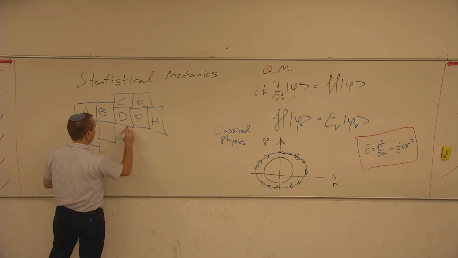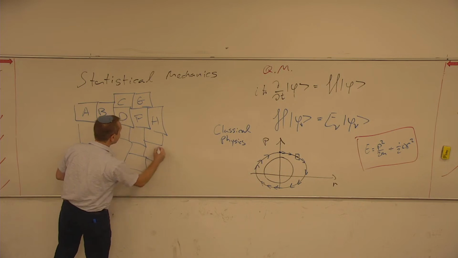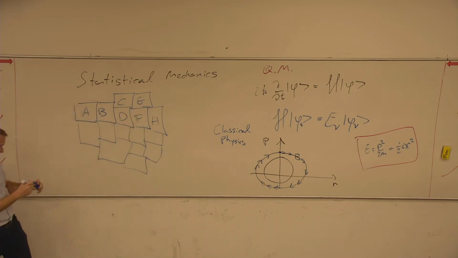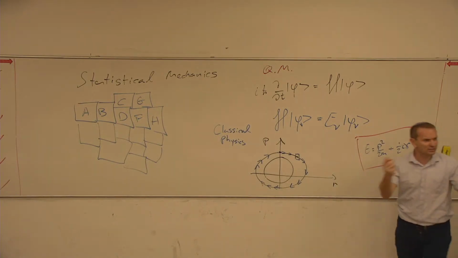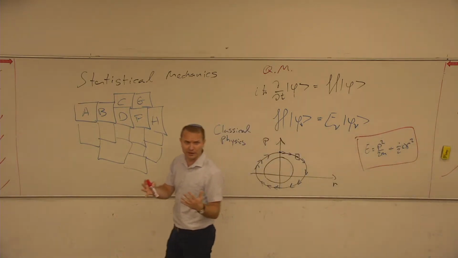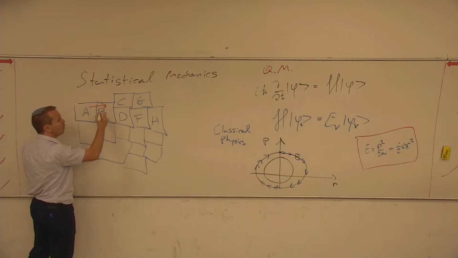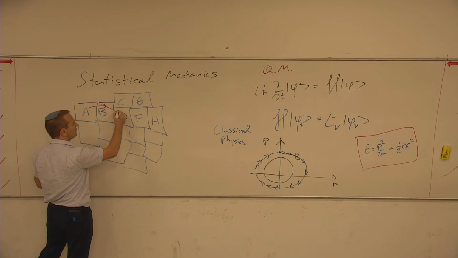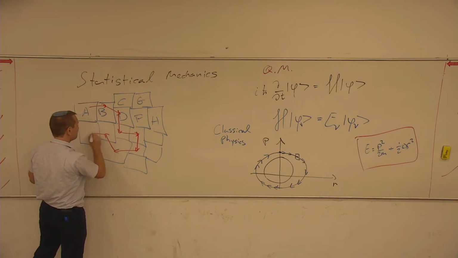All those different cubes are different states of my system. And in my description of how this system behaves as a function of time, I assume that the system is continuously going from one state to another, and there is a trajectory in the state space.